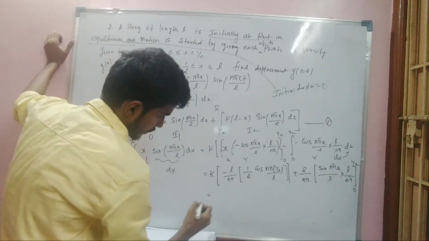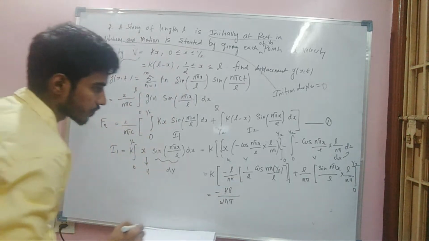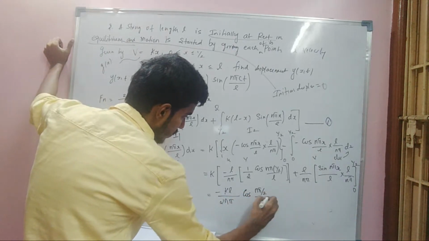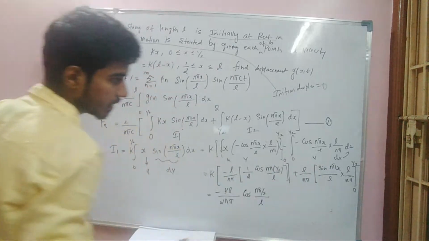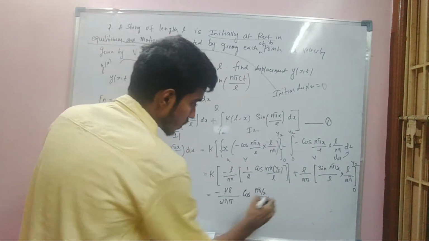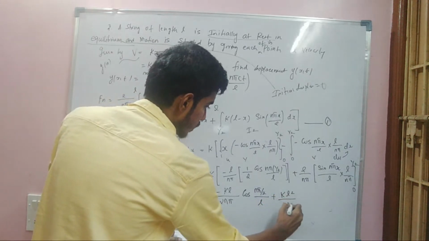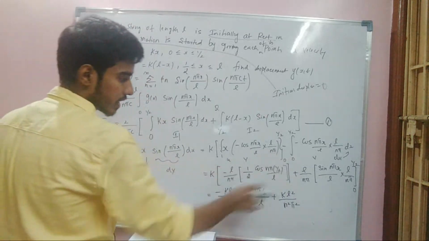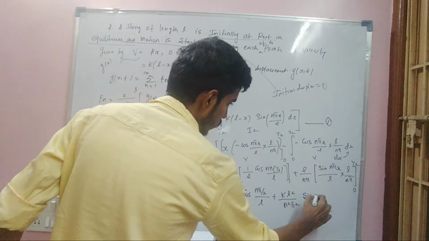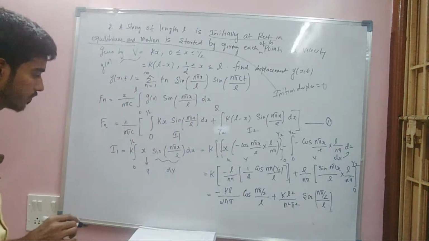So this will be minus kL by 2nπ cos(nπ/2L). And here the lower limit will be 0 because sin 0 is 0. Now if I substitute the upper limit, we will have plus kL² by n²π², multiplying k here, and again substituting the upper limit 1/2, we have sin(nπ/2L). So this is our I1.